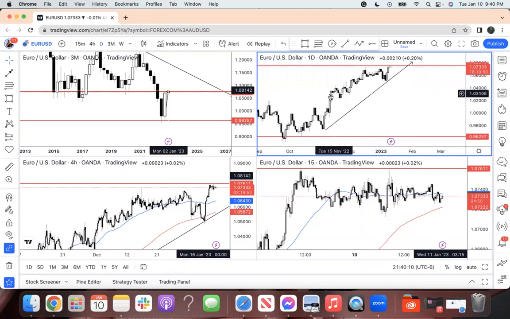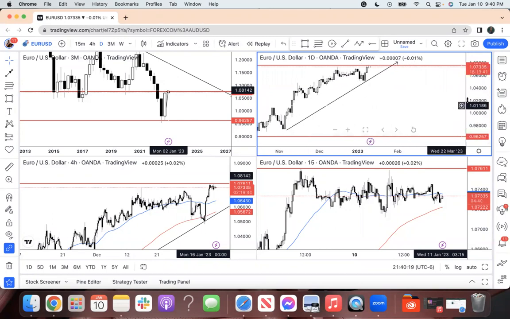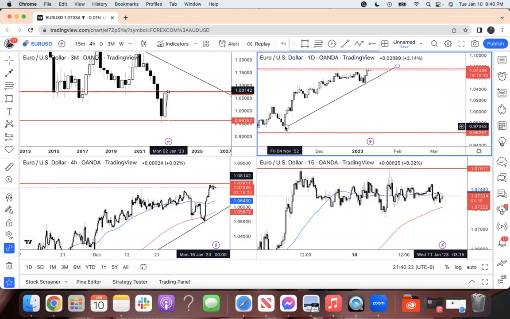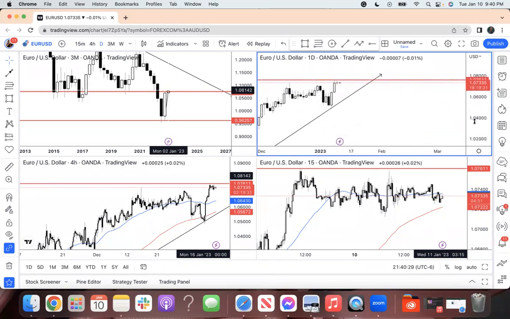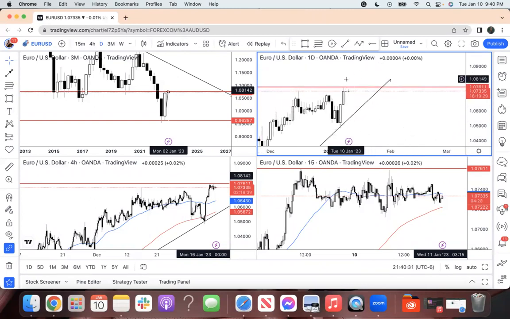A trend line can go horizontal, or it can go in the form of a trend line. Trend lines are definitely important when you see an area being respected multiple times. So we're looking for either price to break above this major point of resistance, or for price to come down and respect this trend line.